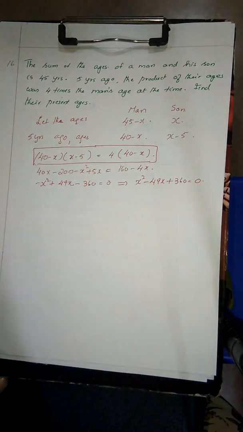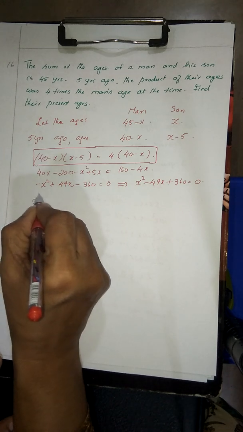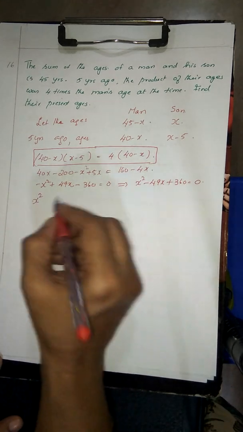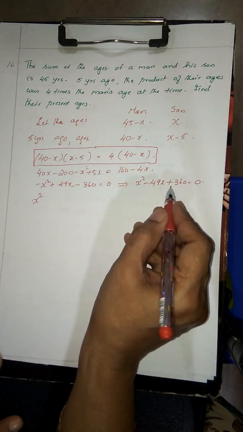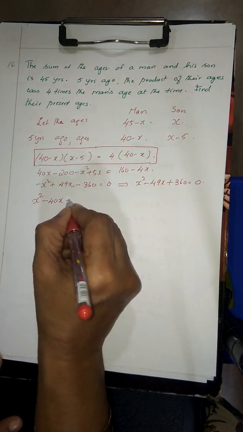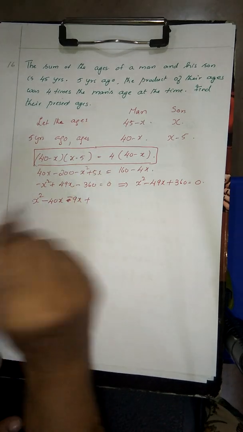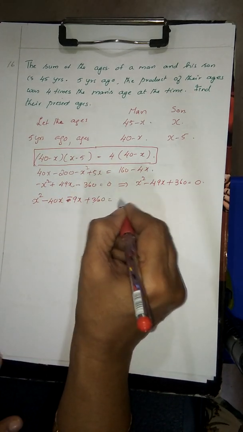So factorizing, you get x squared, 40 and 9 we can take. So x squared minus 40x minus 9x plus 360 is equal to 0.